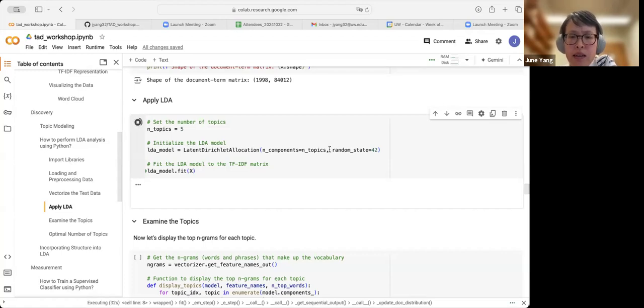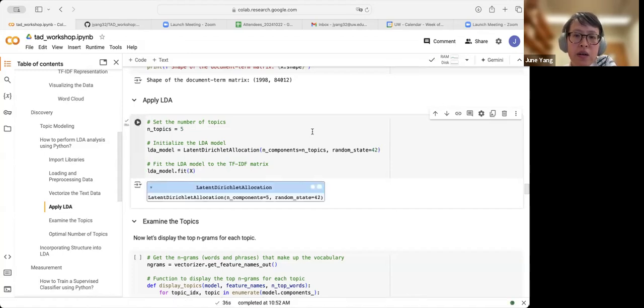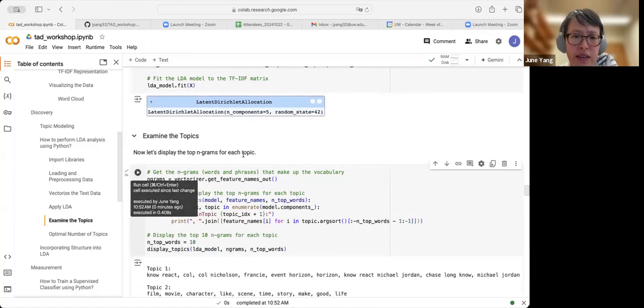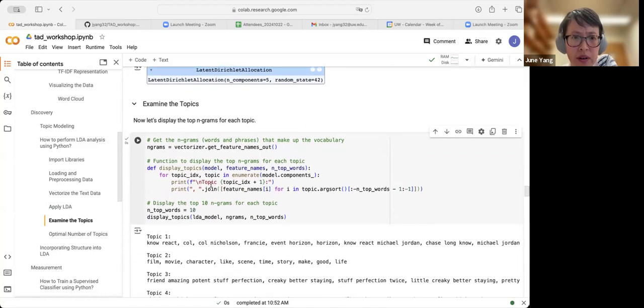And I also set a random state. It's like setting a seed so that the modeling process is reproducible every time we run it. And then we want to examine the topics by first checking the top n-grams for each topic. So this is a function to display the top n-grams for each topic.